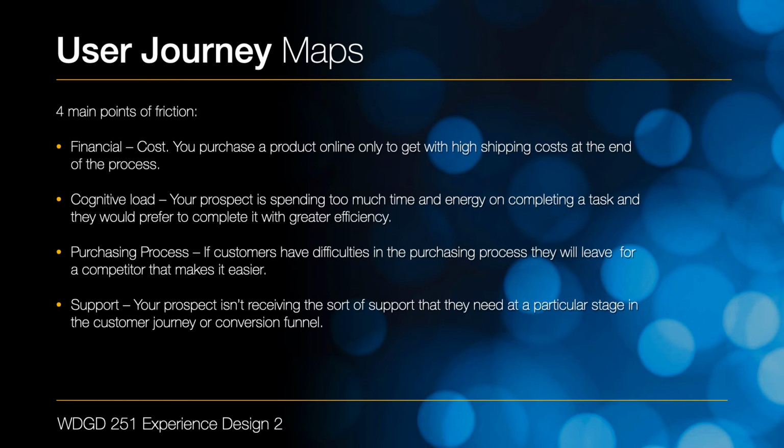So it's not even just purchasing, it's any kind of process. If any part of the transactional nature of your site is broken or doesn't work the way you expect it to, that is a point of friction.